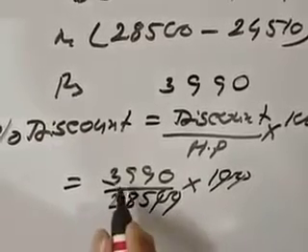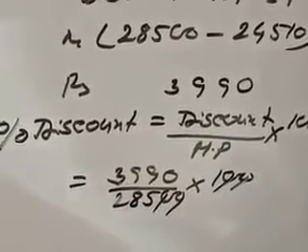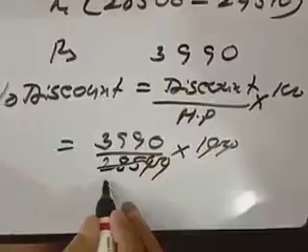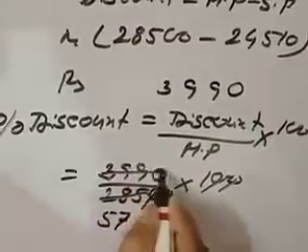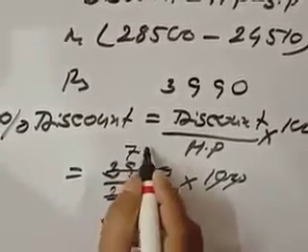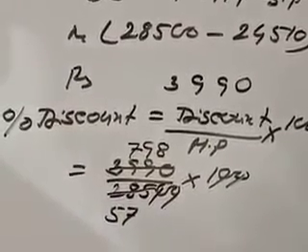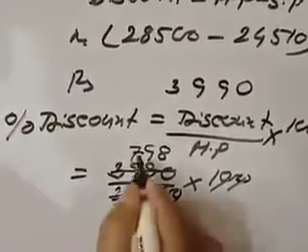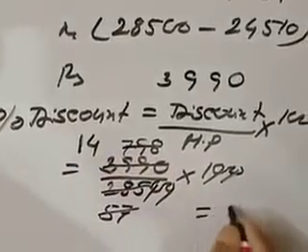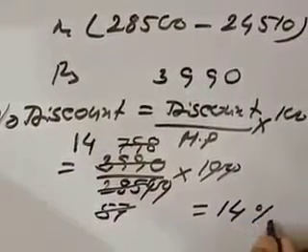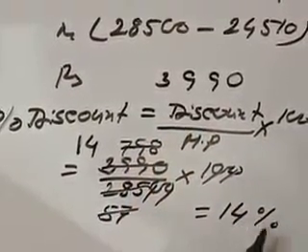Now 285 and 3,990 you cancel by 5, then it will be 57 and 798. Now 57 and 798 you can directly cancel, and you get 14. So discount rate is equal to 14%. So discount is equal to rupees 3,990 and discount rate is equal to 14%.